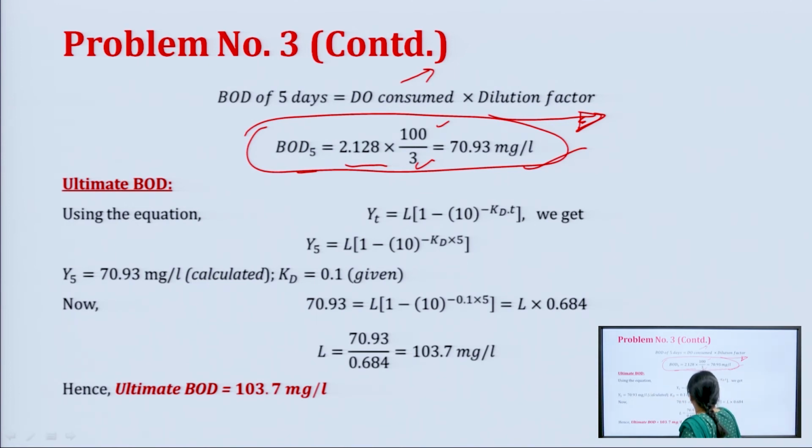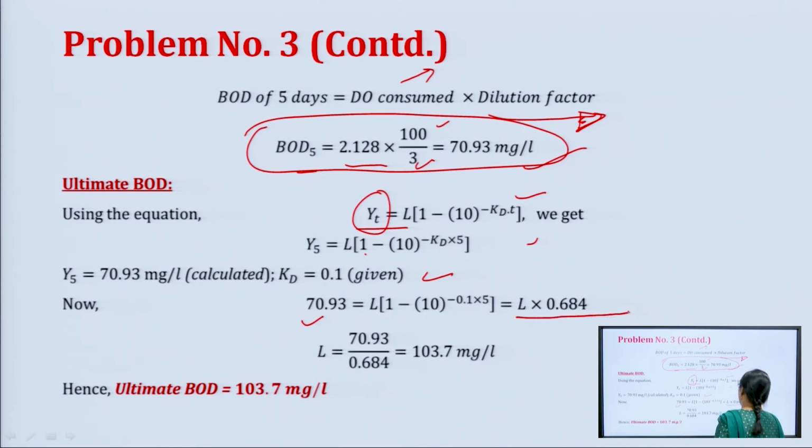So, you have the equation y_t equal to L(1 minus 10 to the power minus Kd t). Here t is 5 days. So, y5 equal to L(1 minus 10 to the power minus Kd into 5). We already have y5 equal to 70.93, and Kd is already given. When you substitute, 70.93 equal to L(1 minus 10 to the power minus 0.1 into 5), which works out to be L into this.